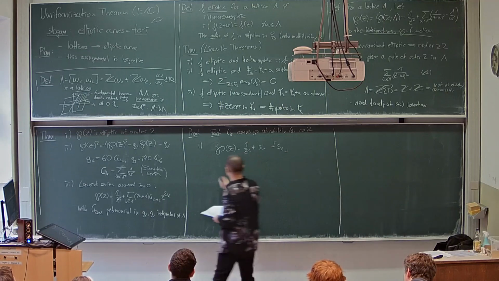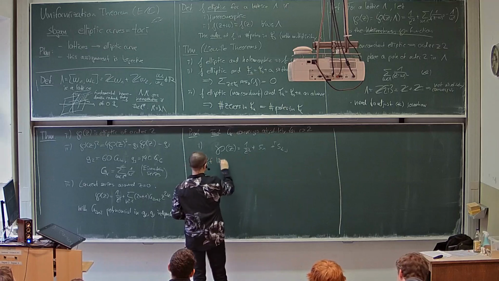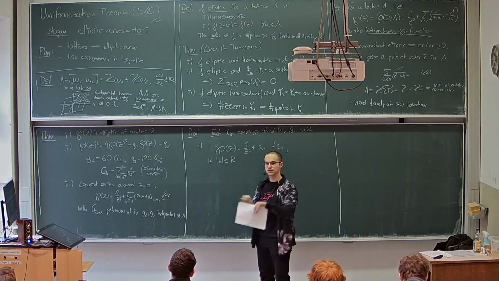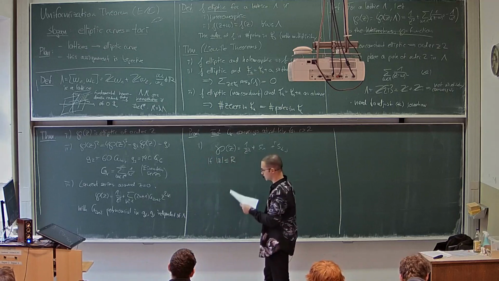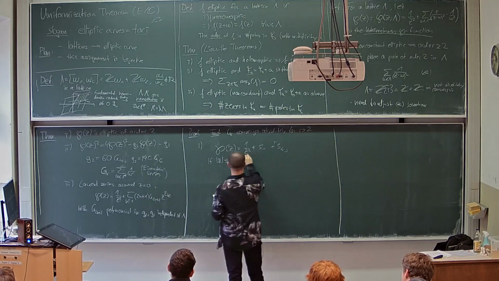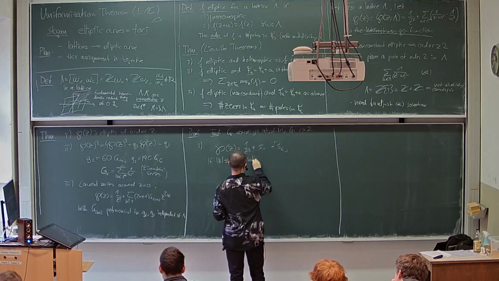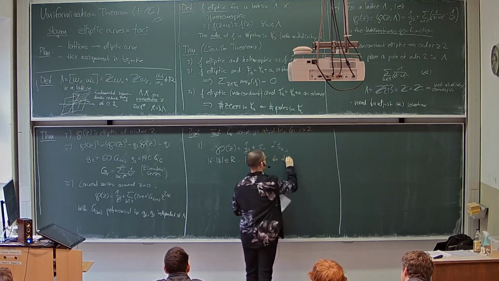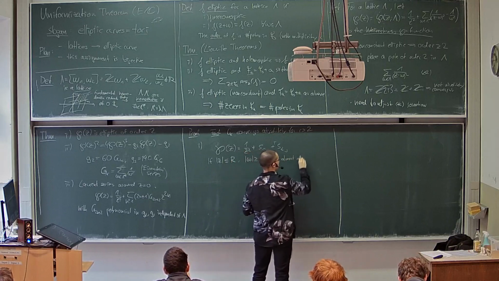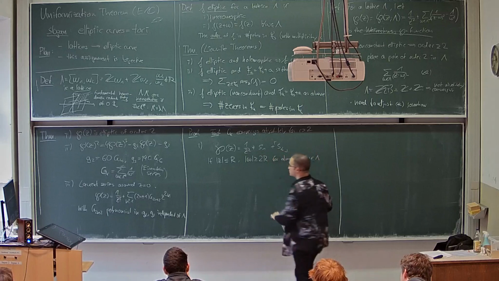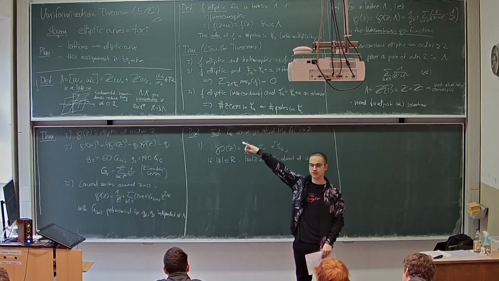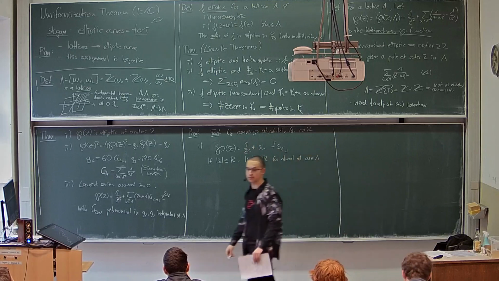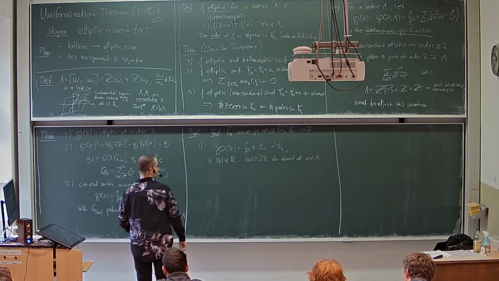To be a bit more precise, if the absolute value of z is smaller than some R, so we choose some closed ball around the origin, then we can assume that the absolute value of omega is bigger than 2R for almost all omega. Simply because this is a lattice and at every step we get further away from the origin, and at some point we have to leave the closed ball.